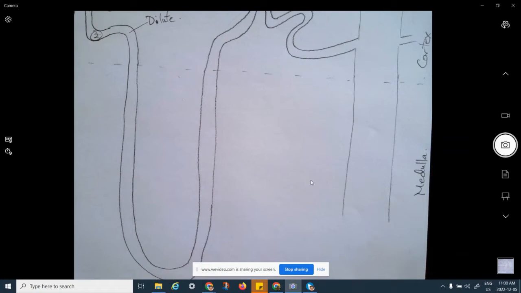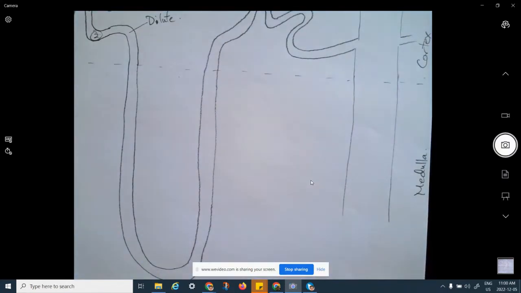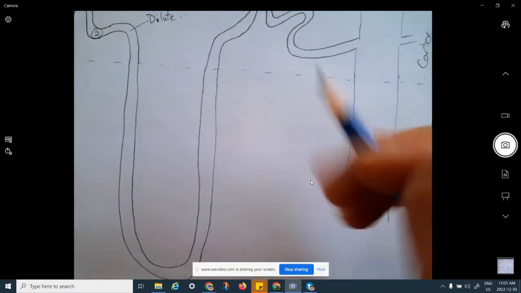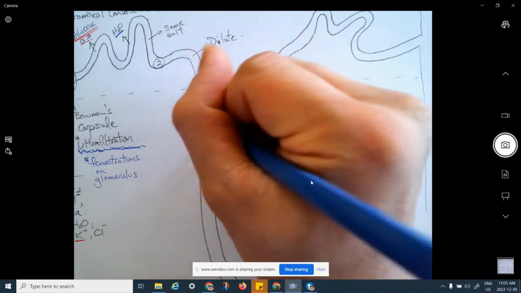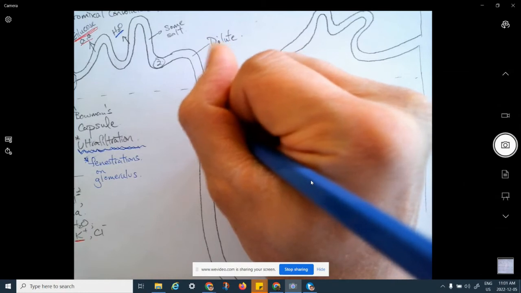Descending loop of Henle. Now hold off before you write or draw anything. The descending loop of Henle is rather interesting. In fact, both parts are interesting, because in the descending part, the membrane only lets water go through, but not salt. Okay, water can only go through the descending loop of Henle, but not salt. So this has interesting implications.